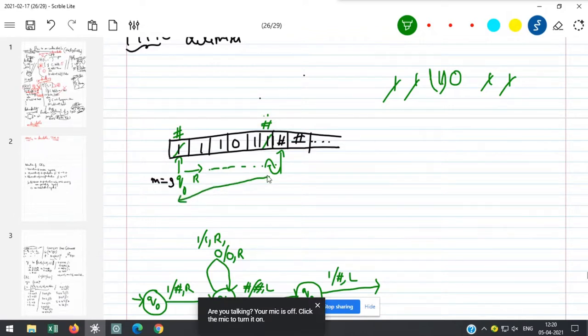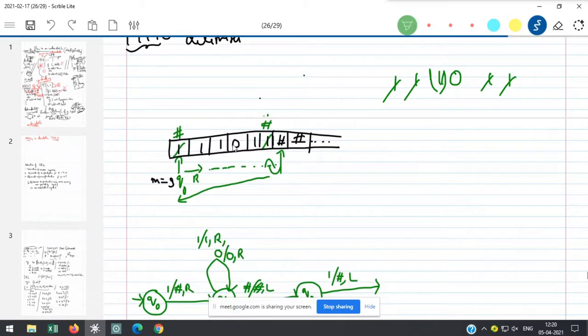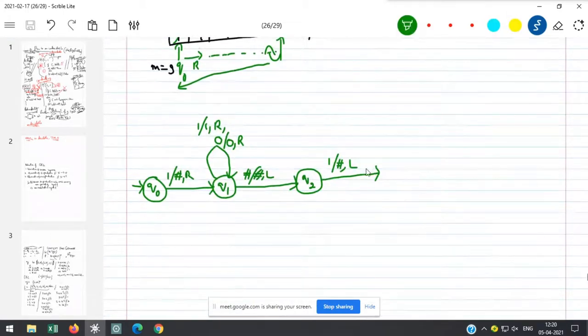While moving from here to here, you're going to come across many symbols of ones and zeros, and you need not disturb those symbols. So let me write it: once you find 1, replace by hash, and keep moving towards the left side.